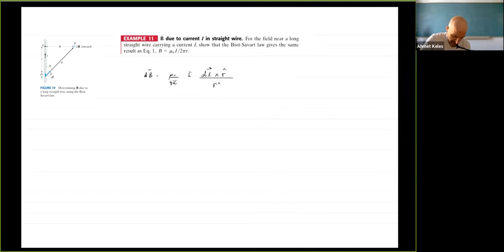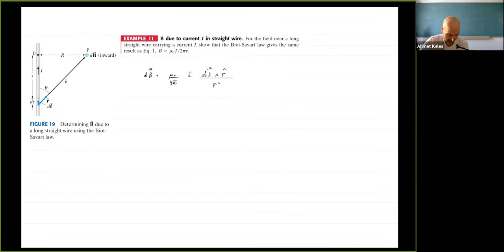So that's a vector. Now my dl is dy, and it is in the plus y hat direction. And there is an r hat here, which is given by theta.